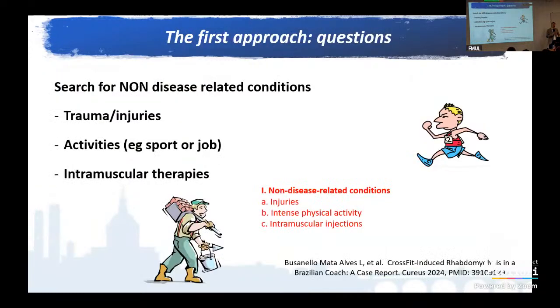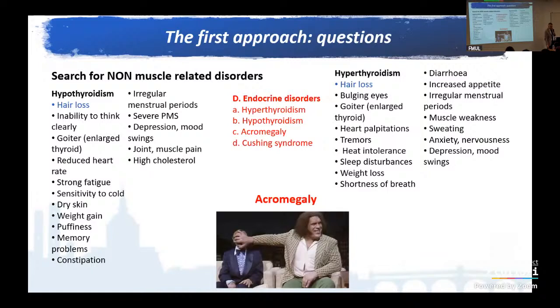Then we should search for non-disease related conditions: trauma, injuries, activities, for example sport or job, and intramuscular therapies that may lead to a strong increase in CPK level. But we should also search for non-muscle related disorders.